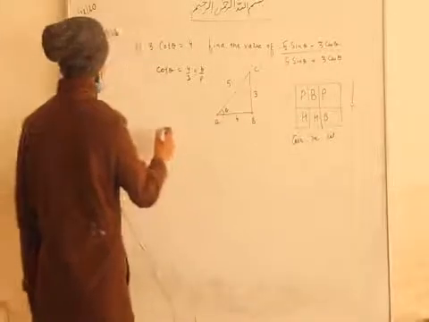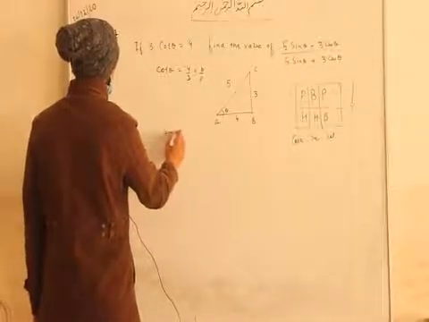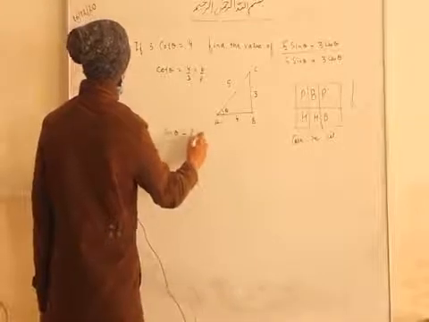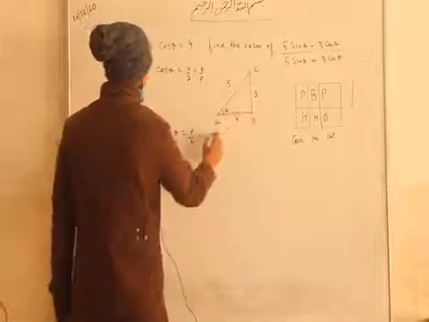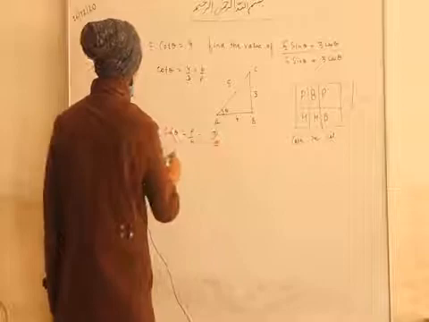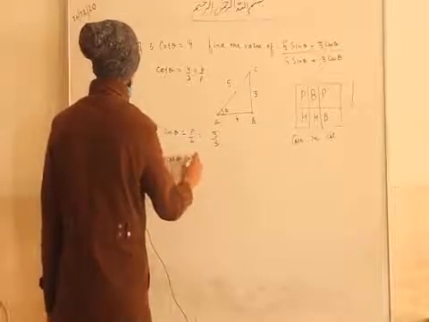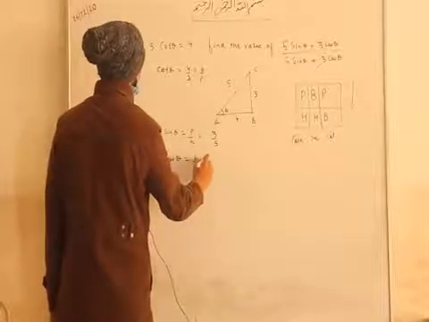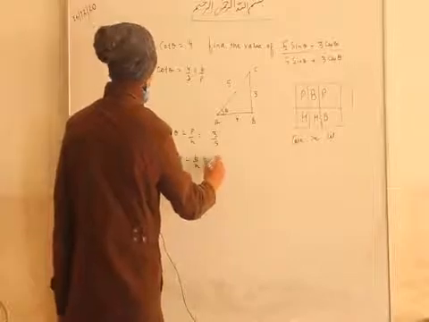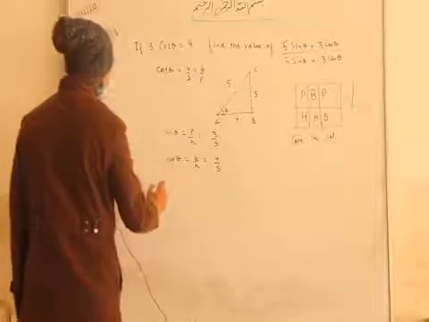So now put these values. First find sin theta, then cos theta. Sin theta is P by H, so 3 by 5, and cos theta is B by H, 4 by 5. Now put these values.